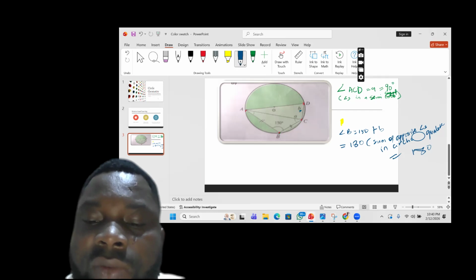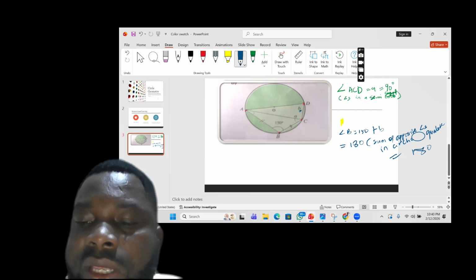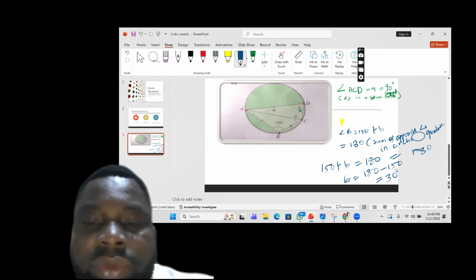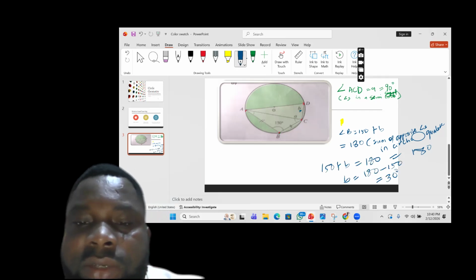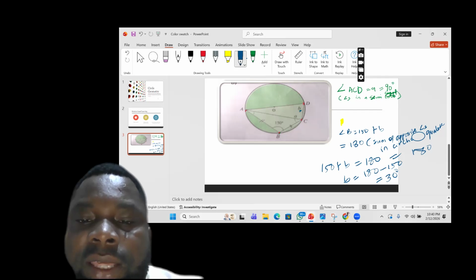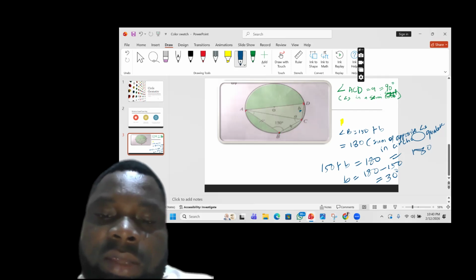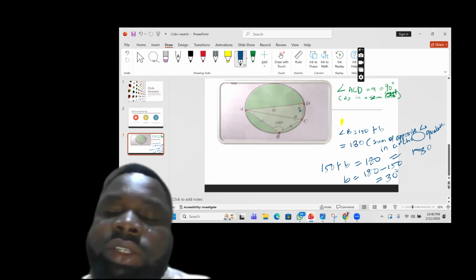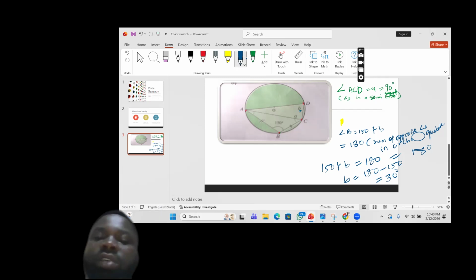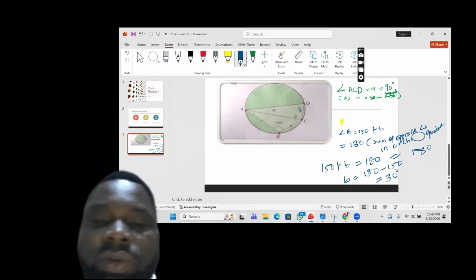So B is equal to 180 minus 150, which gives us 30. So B is 30 degrees, while A was automatically gotten by applying the rule of angle in a segment.